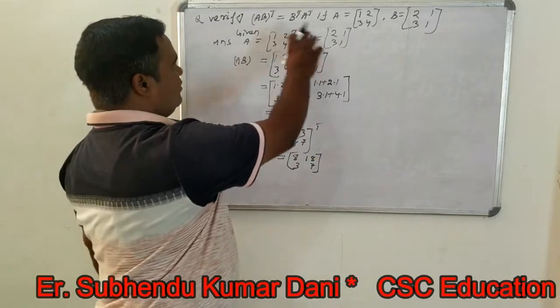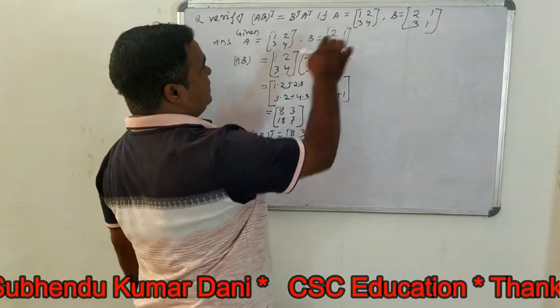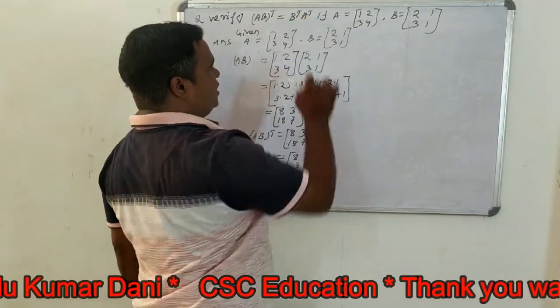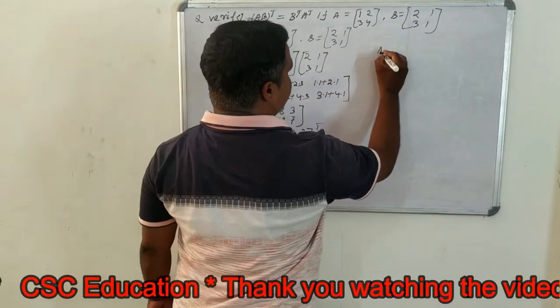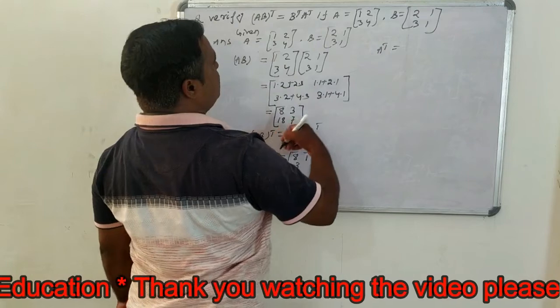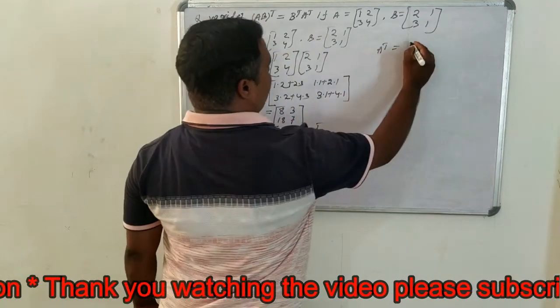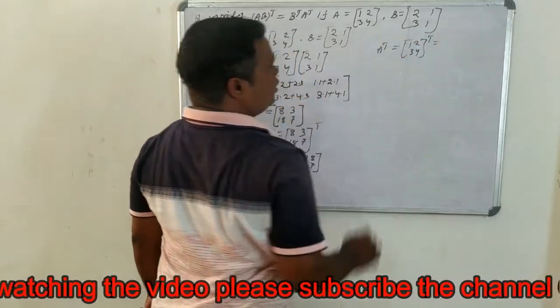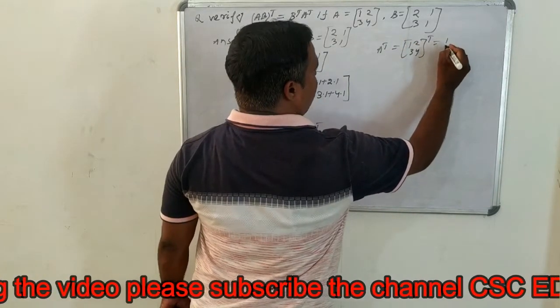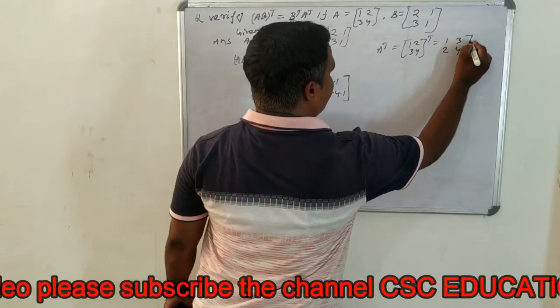Next, the right hand side: B transpose times A transpose, that means the transpose of the two matrices. First, A transpose: A is 1, 2, 3, 4, and its transpose is 1, 3, 2, 4. Clear?